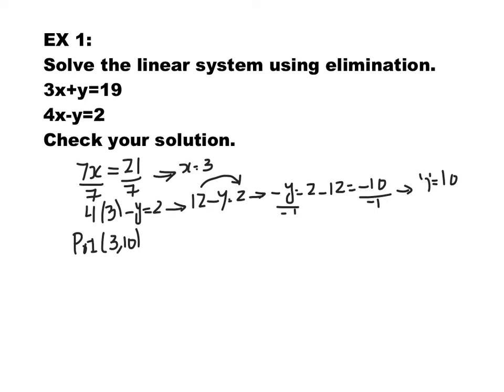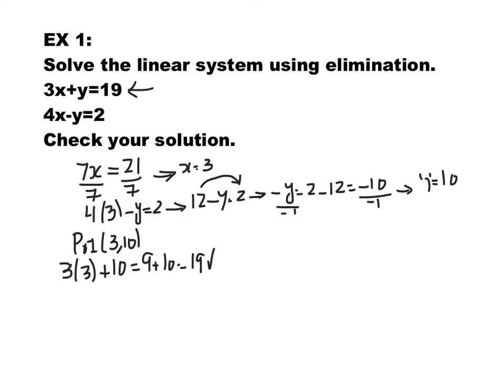Now the second part of the question says check your solution. To check the solution, we have to substitute the point (3, 10) in the equations and see if left is equal to right. So let's take the first equation, this one. I'm going to get 3 times, but x is 3, so 3 times 3 plus y is 10. 3 times 3 is 9 plus 10 gives me 19, which is correct.